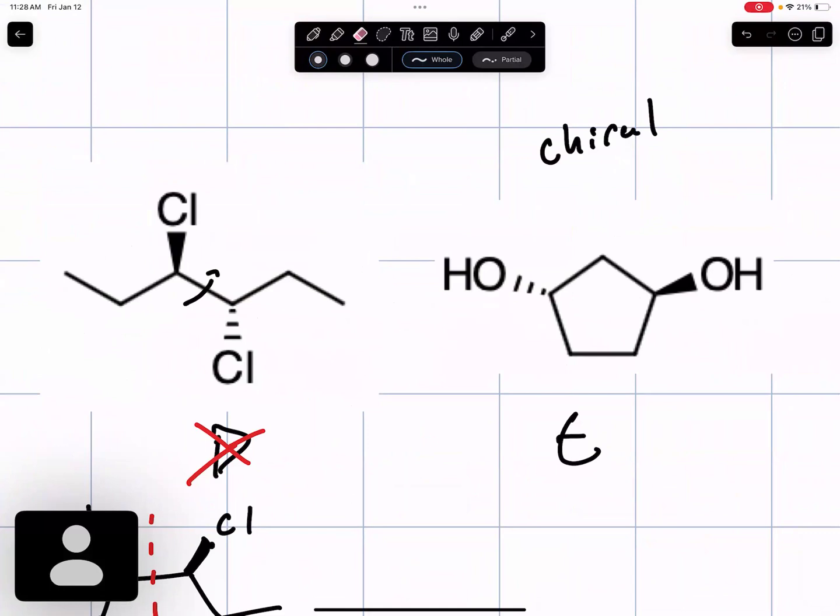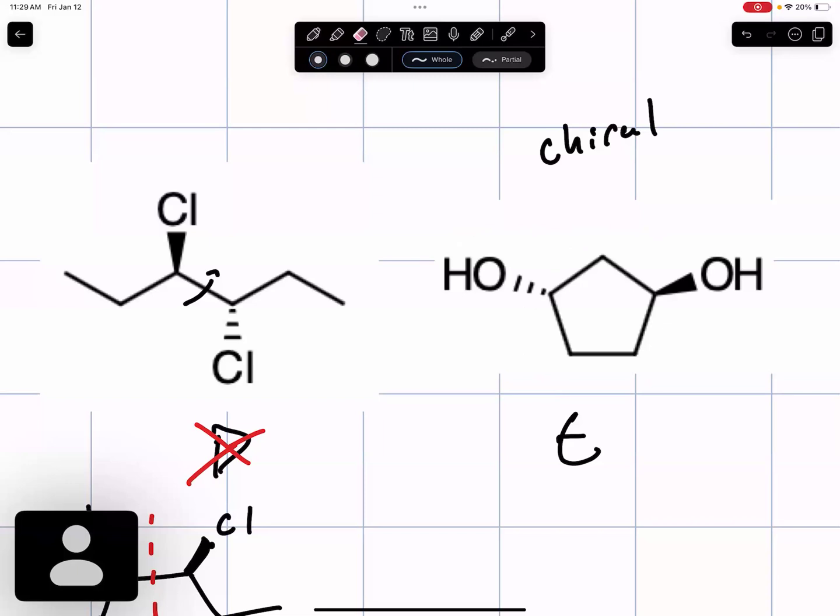Think about it this way. Is this a chain? Or rather, it's not a chain. It's a ring. And can we manipulate this ring so that we can switch the configuration of one of these hydroxyl groups?